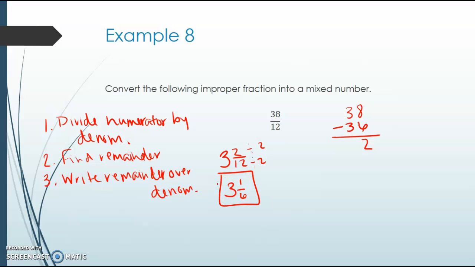Don't leave out your integer, and then you simplify as needed. So that is it for examples. If you need more practice on it, just come see me and I can get us some more practice on it.